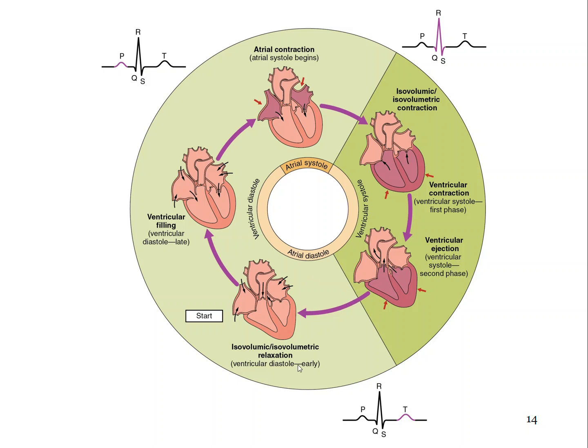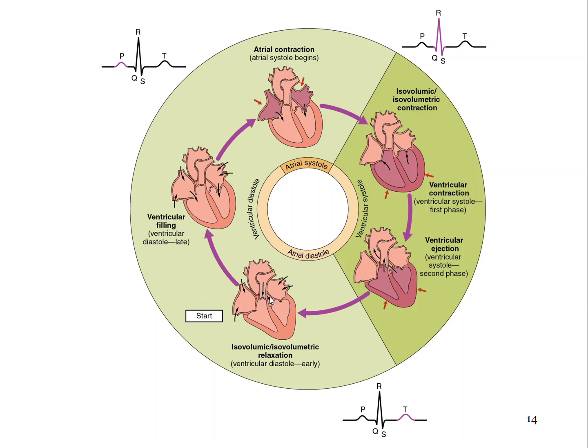At the beginning of the diastole, we have isovolumic or isometric relaxation. Why? Because look here, all the valves are closed, the atrioventricular valves and the ventriculo-arterial valves, which are the pulmonary valve and the aortic valve.